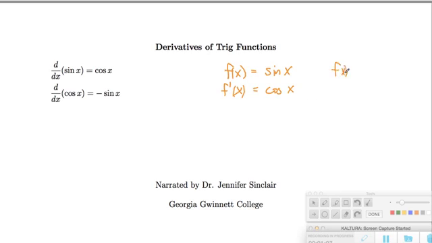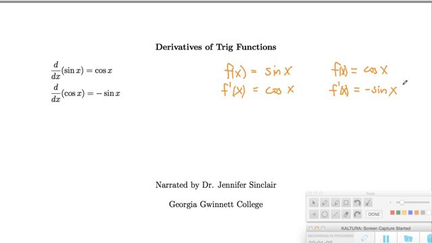And if your original function happens to be cosine of x, then the derivative turns out to be negative sine of x. So definitely go ahead and write that down, and you do need to eventually memorize those derivatives.